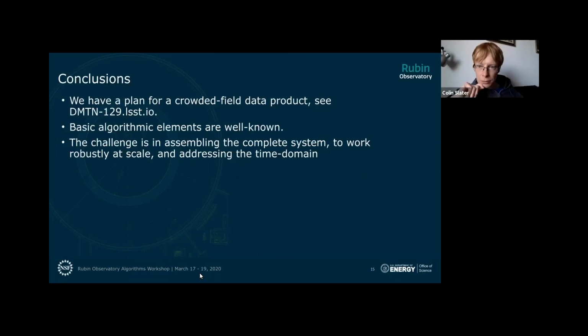Okay. And in this regard, my comment is that within the TDS task, crowded photometry task force, we are performing some experiments on this kind of stuff.